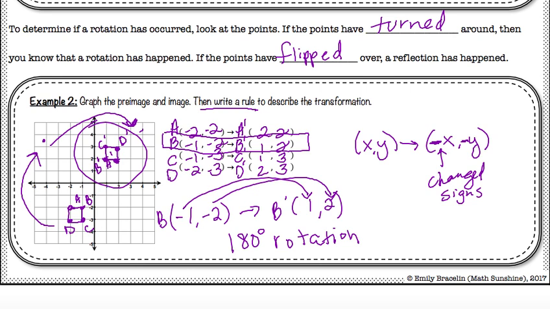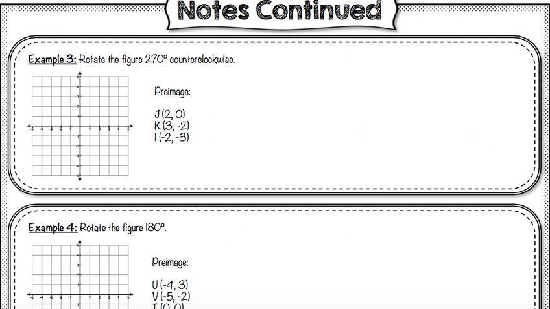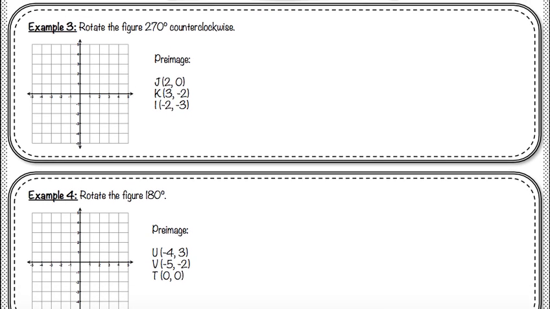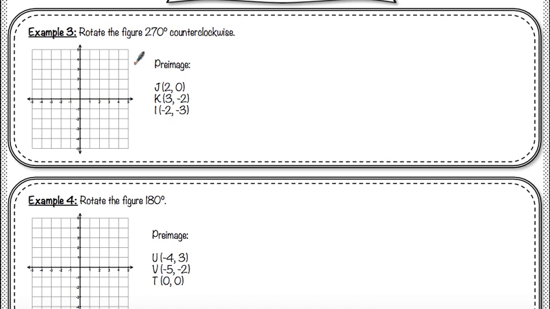Let's look at a couple more examples. Okay? Here's example 3. Example 3 says, rotate the figure 270 degrees counterclockwise.